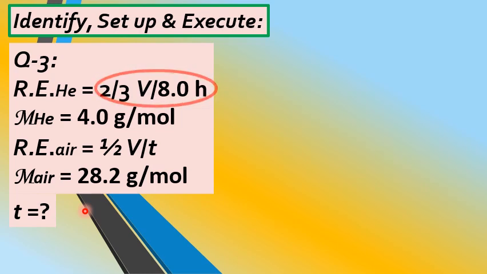So, we can express the rate of effusion of helium gas as 2/3 of its initial volume, capital B, divided by 8.0 hours. And we'll be using the molar mass of helium gas equal to 4.0 grams per mole.